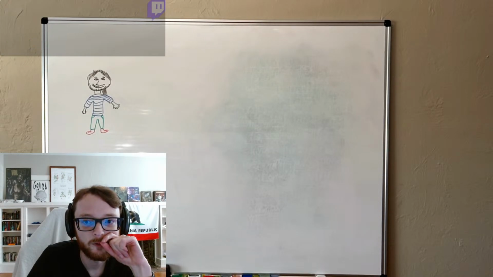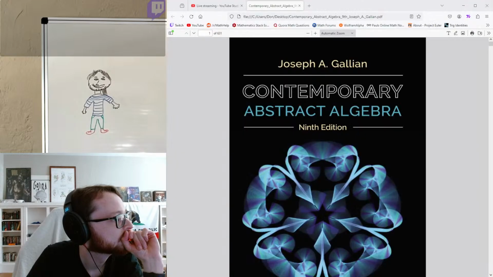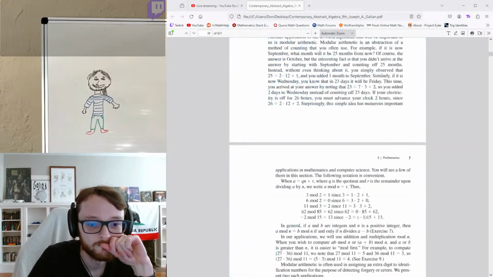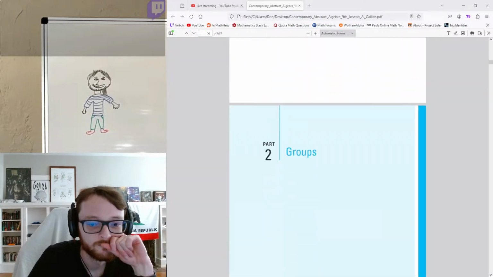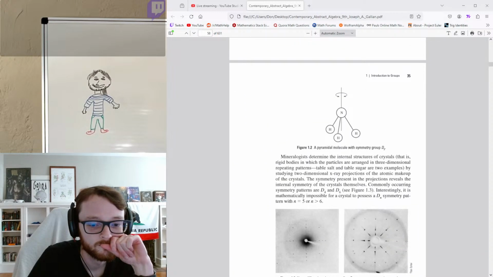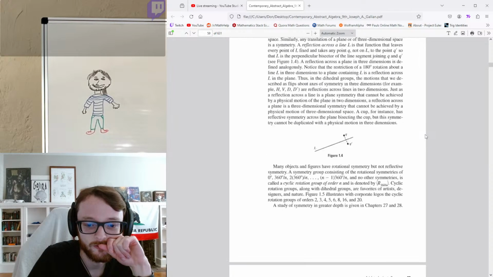I don't remember what I've been doing with abstract algebra. Oh, it sounds like Minecraft music. I think it's just Minecraft-like, though.